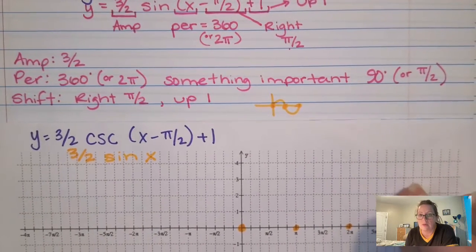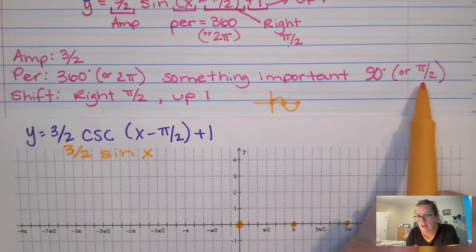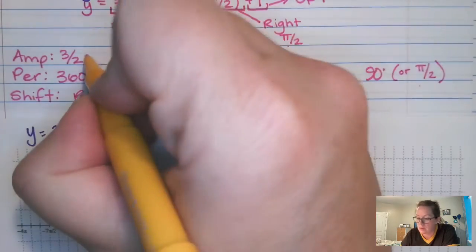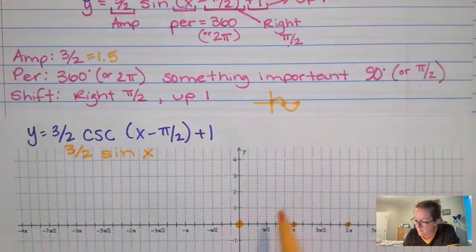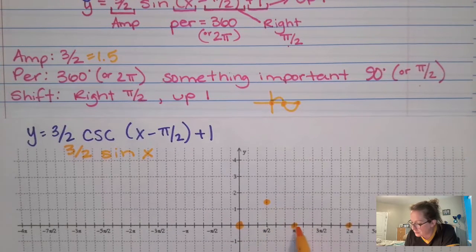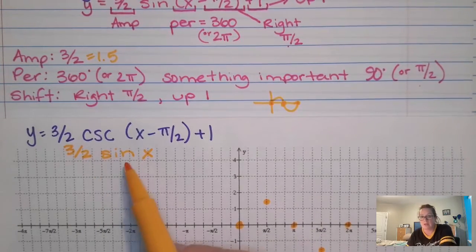And then we need to do half of this. So half of pi is half pi. It's a positive, and then our amplitude is 3/2, so our amplitude is really equal to 1.5. So halfway through, 1.5. Okay, so that is that function.